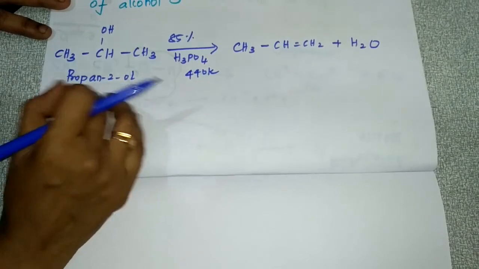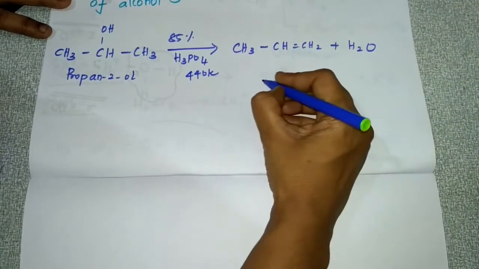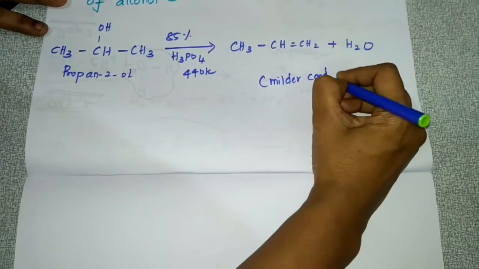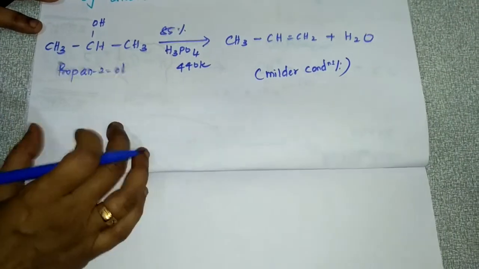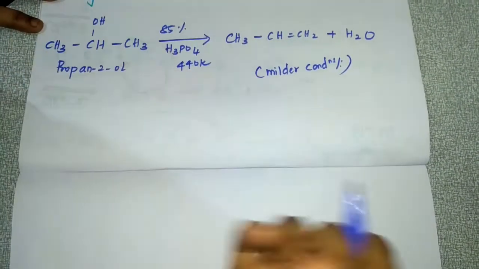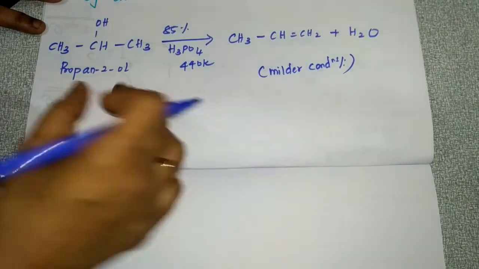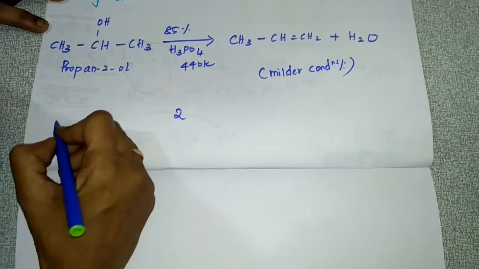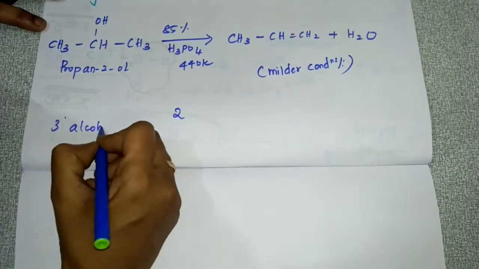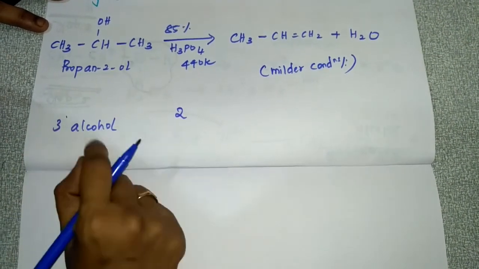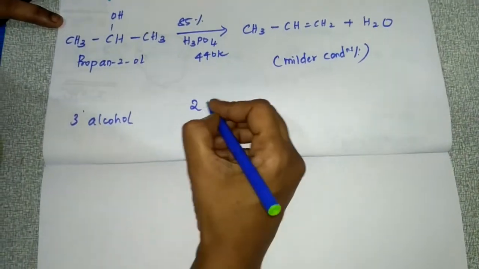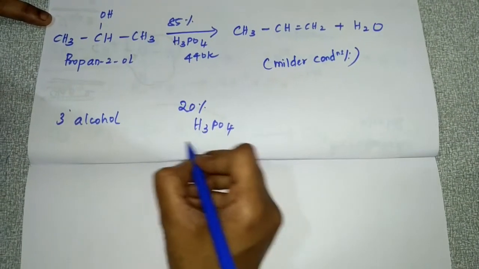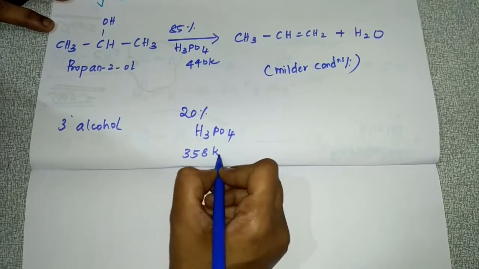Okay, so this is a secondary alcohol. So secondary alcohol can be dehydrated under milder conditions. Similarly, if you take tertiary alcohol also, it can be dehydrated under mild conditions. For tertiary alcohol, you have to use 20% phosphoric acid, and the temperature should be 358 Kelvin.